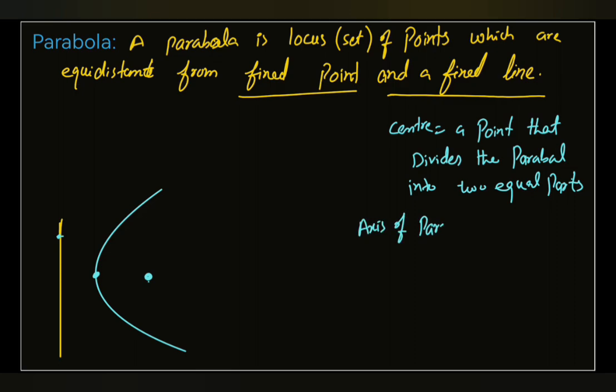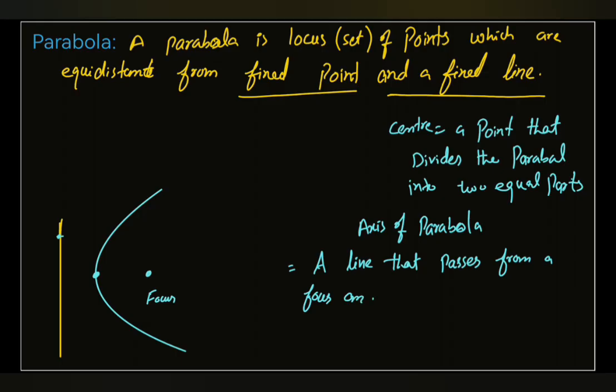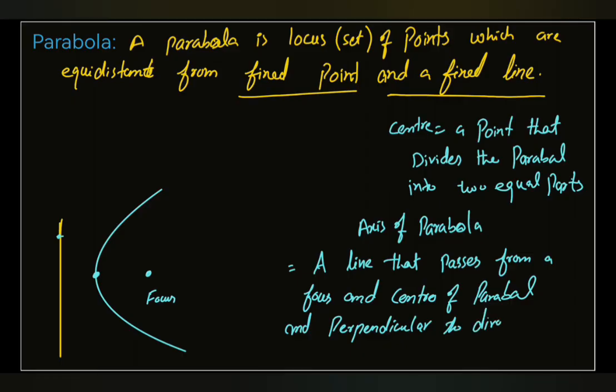Axis of parabola: a line that passes from the focus, this fixed point, and the center of the parabola, and is perpendicular to the directrix, is the axis of parabola.